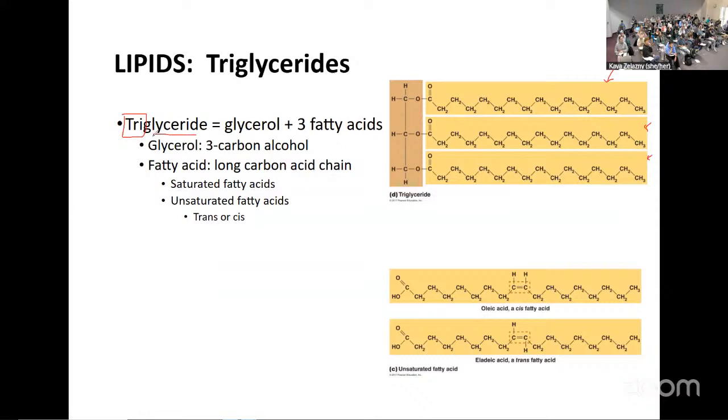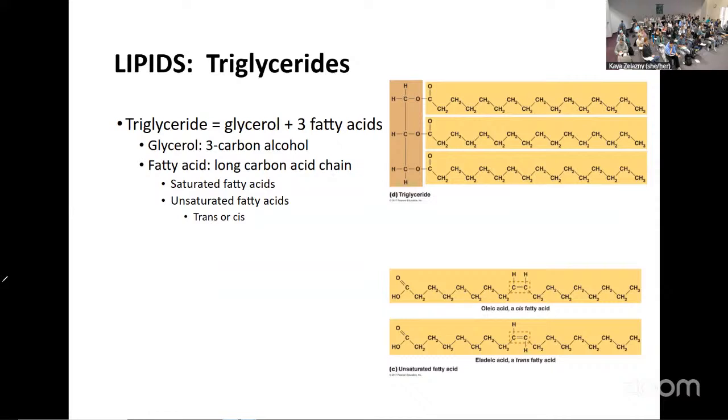So that's the glyceride part. If we just had the glyceride backbone, this wouldn't be a lipid anymore. This would be a 3-carbon alcohol, right? But because we have these 3 fatty acids, that's what makes our triglyceride a lipid. You can see that a fatty acid chain is really just a ton of carbon and hydrogen linked together. A long hydrocarbon chain. Okay.